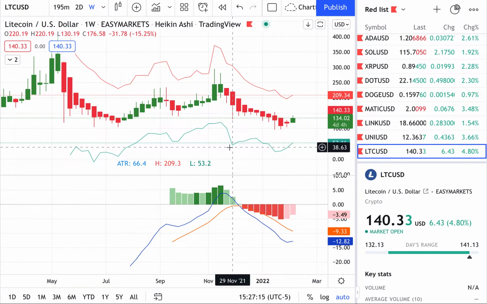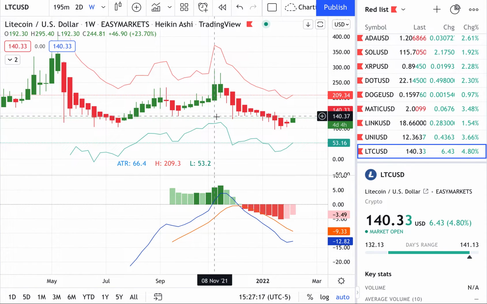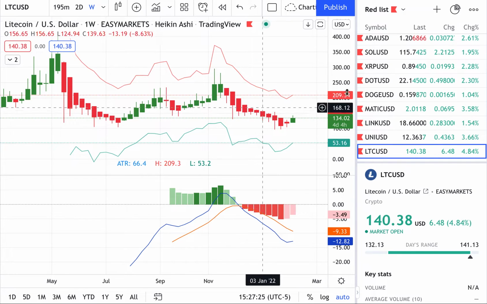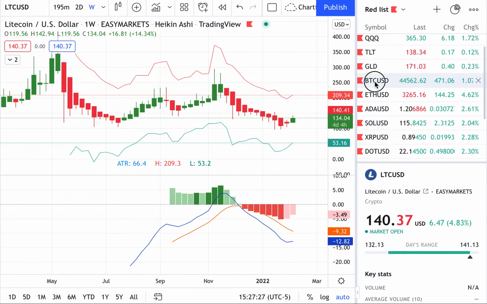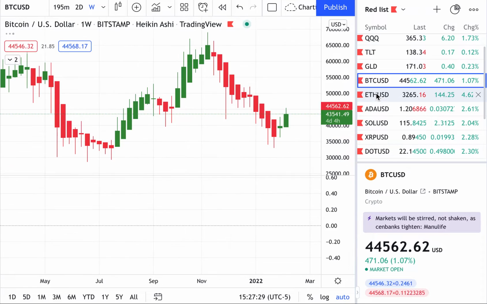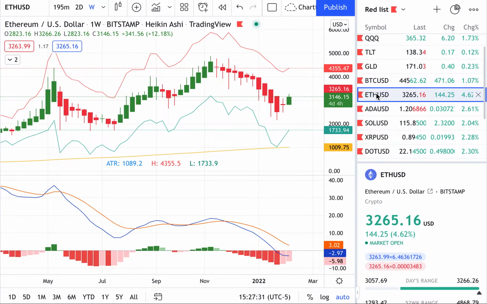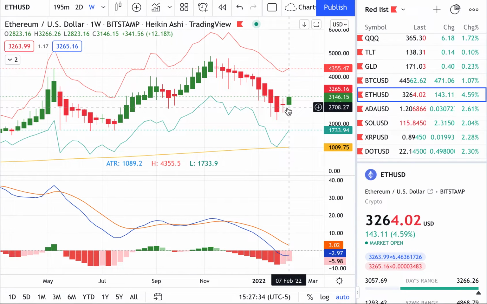So as we look over these charts in the crypto space, hopefully we are seeing a slowdown in this down movement. The way out is going to be led by what? By Bitcoin. So we'll be sure to keep a close eye on that along with Ethereum, but hopefully we're seeing a bottom and things are going to be heading back up.